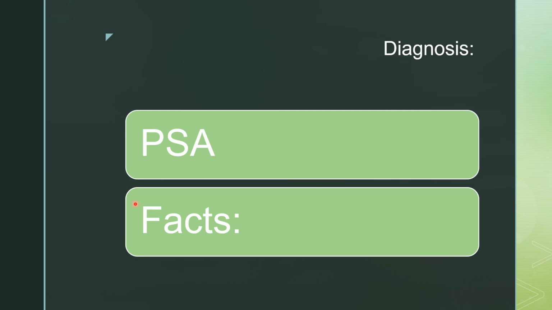There is no fixed level that is pathognomonic of cancer of the prostate. Medical students will enjoy this. There is no fixed level of PSA that is pathognomonic of cancer of the prostate.